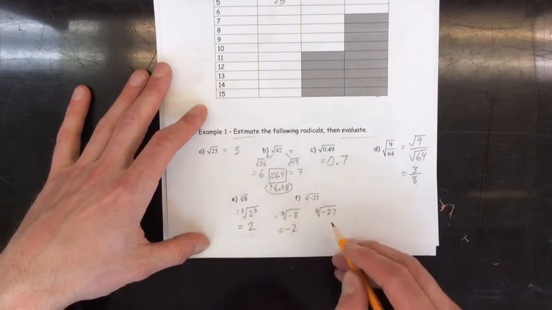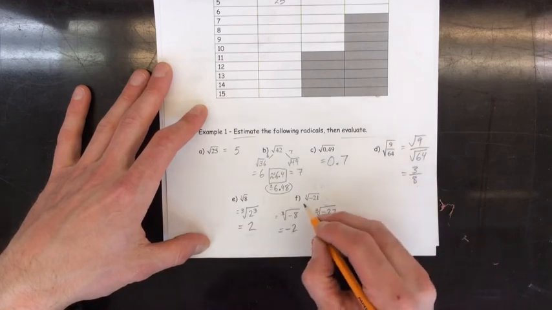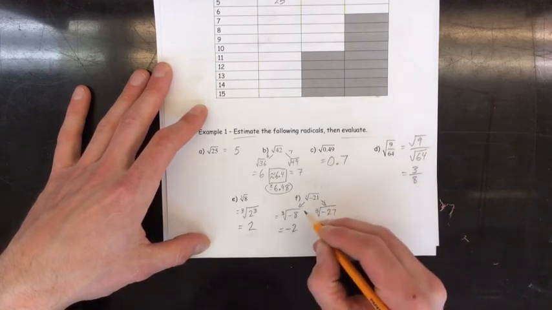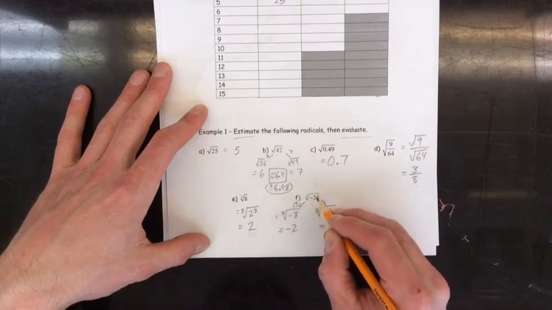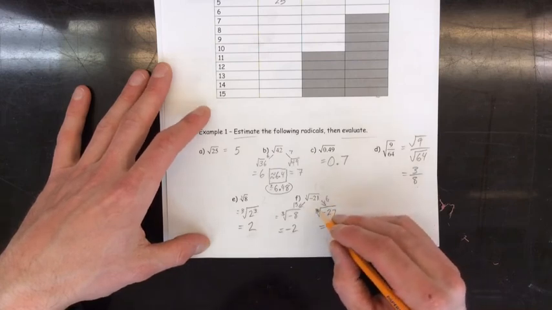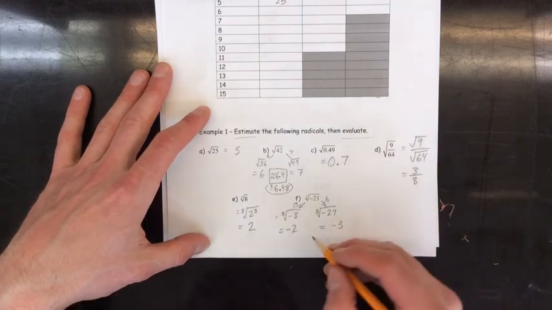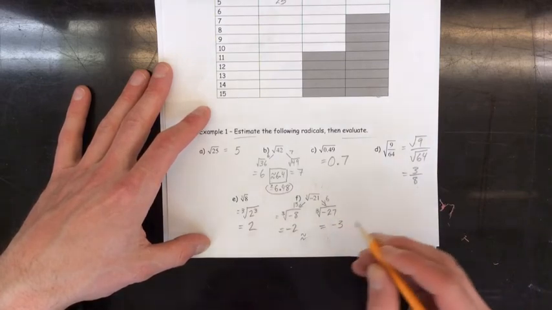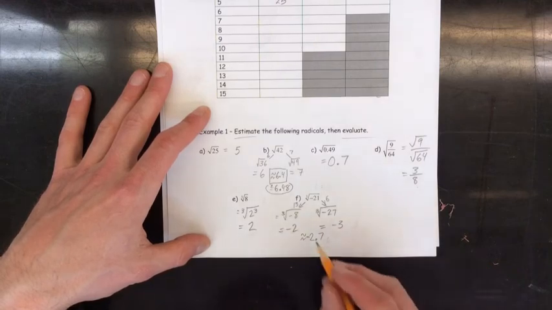The cube root of negative 27 would be negative 3. Now in this case we are 13 away from negative 21 to negative 8. We're 6 from negative 21 to negative 27. So we're a lot closer to negative 27, and so we're a lot closer to 3. So for my estimate, I'm going to say about negative 2.7. So this is my estimate.